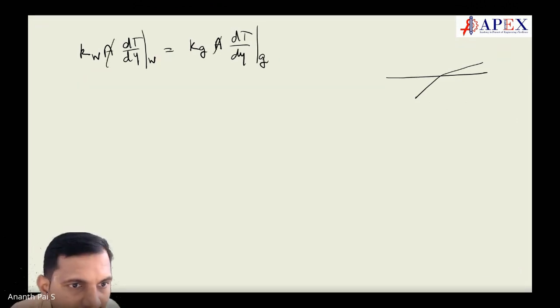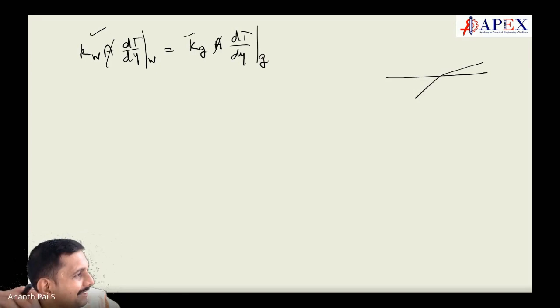The area cancels, and the conductivities are given. You can calculate dT by dy in the water, which is given, and dT by dy in the glass. That's it, a simple one-step answer. Once it strikes your mind, it's done.